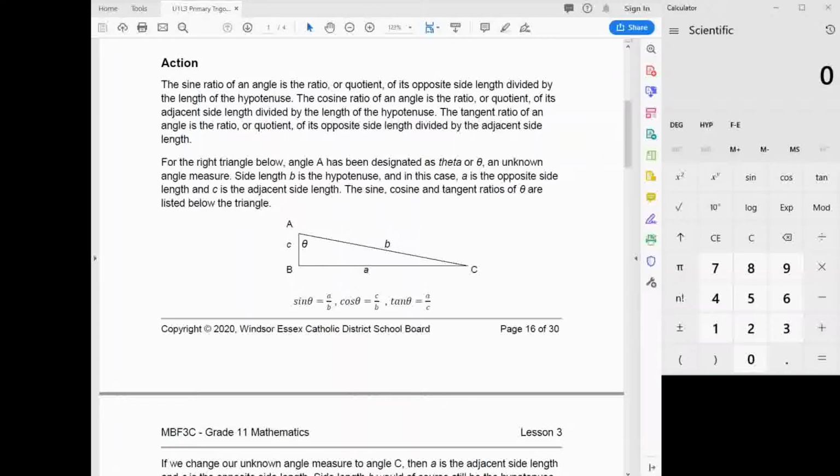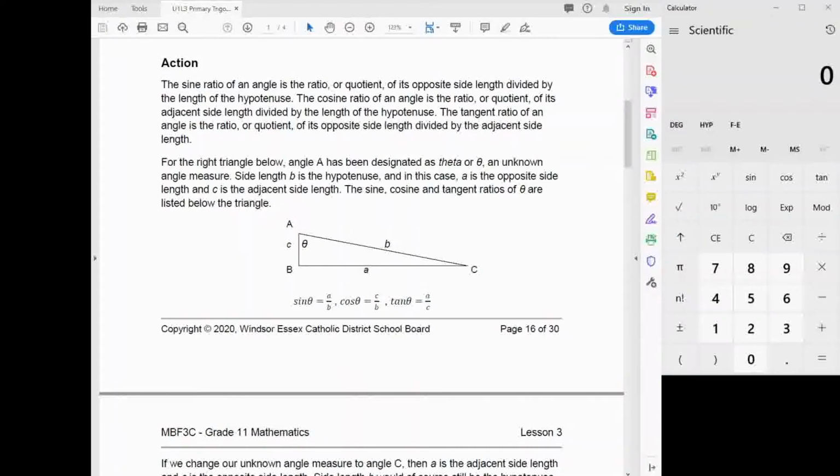In this triangle, when we look at our reference angle A, our opposite is A, because A is the side length that is opposite of our reference angle, theta. Our adjacent is C, because the lowercase c is the side of the triangle that is not the hypotenuse, that is next to the angle.